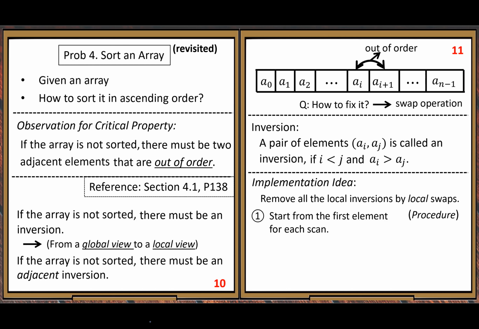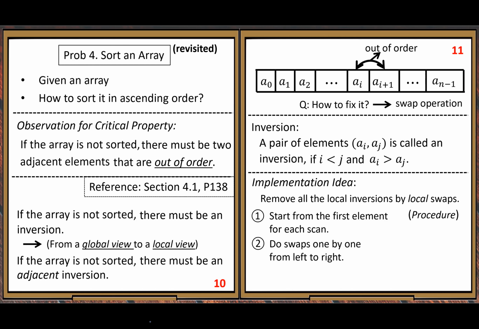If we see one inversion, then we do a swap operation. If we do not see any inversion, we move to the next adjacent pair of elements.